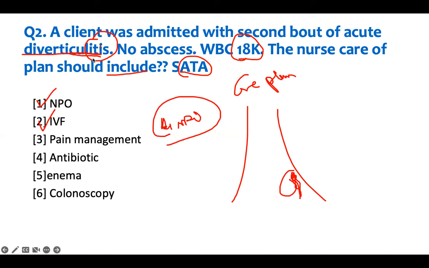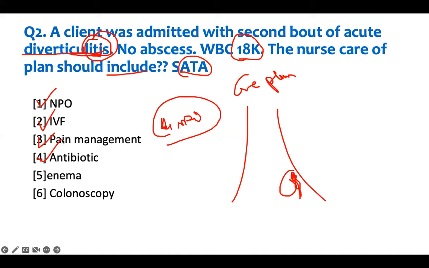You look at diverticulitis, it has "itis" there. Whenever you have "itis," that's an inflammatory process, you're going to have pain, and therefore you get an antibiotic. It means there's inflammation.